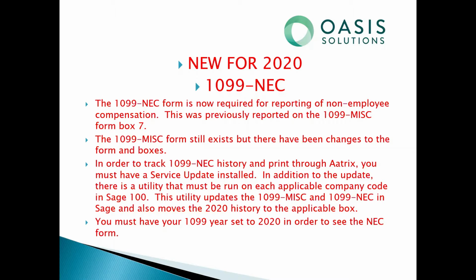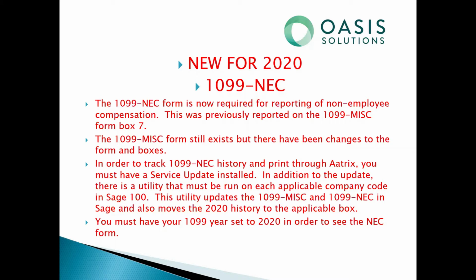And once that's installed, there is then a utility that we run that basically updates the boxes in Sage. If you have any vendors that get the 1099 miscellaneous form box 7, it recognizes that that's the new NEC form.